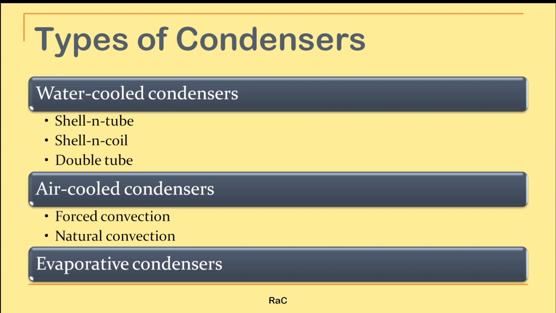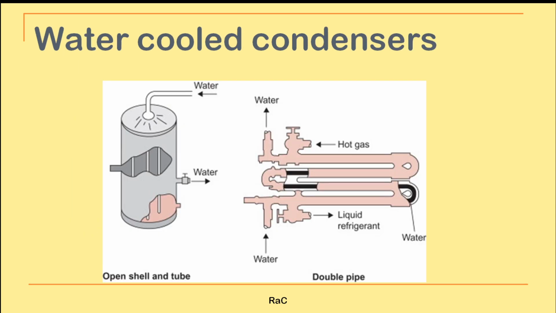Now coming to the air cooled condensers, the air could be forced with the help of a blower or fan so that efficient heat transfer is taking place, or otherwise natural convection. Just the hot air will be going up and the cool air always will be at the bottom side. So air cooled condensers could be forced convection or natural convection type. Then the third category is evaporative condensers.